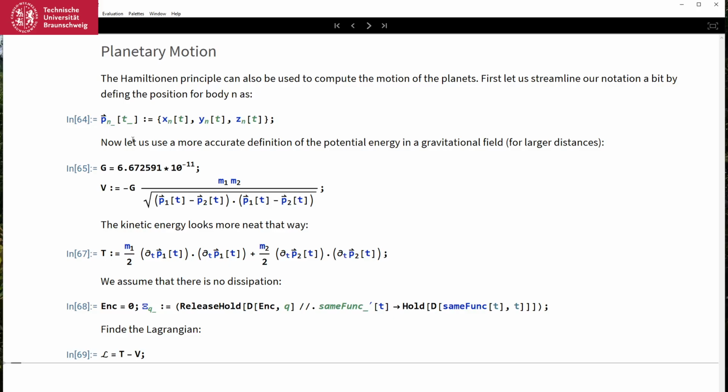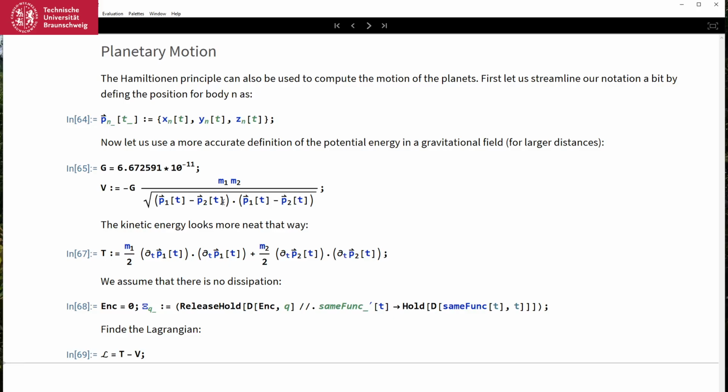The real gravitational force works like this: there are two masses, and there's a symmetric force. The two masses are multiplied with each other, and then there is the universal gravitational constant. So the potential energy is minus this constant times the product of the two masses divided by the distance between the two bodies. This is the energy.